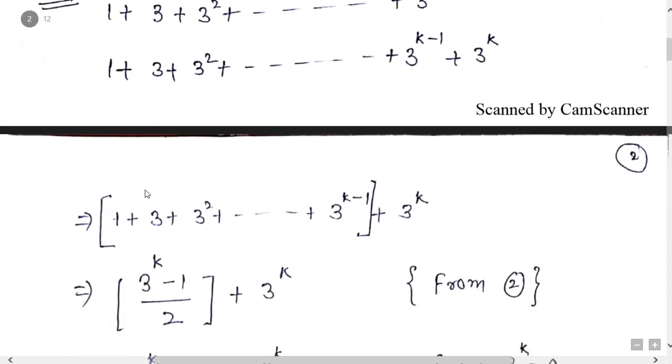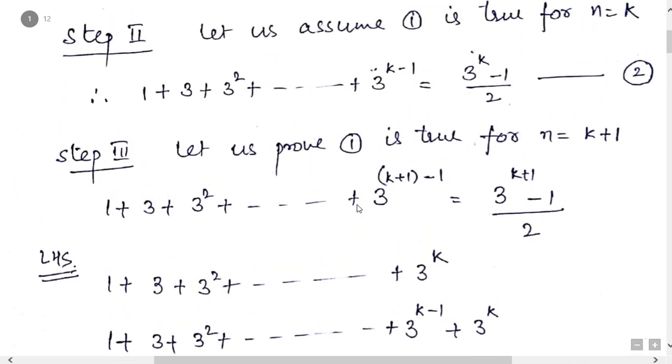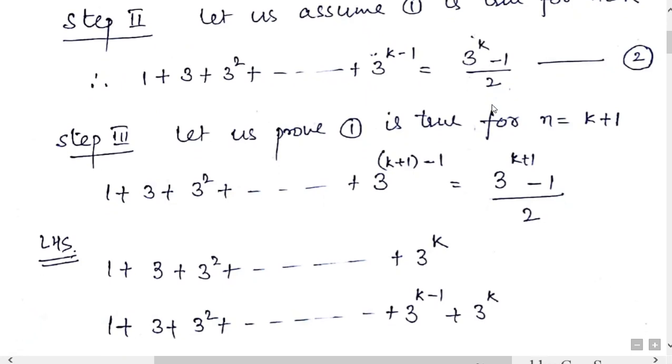Now, collect these terms 1, 3 square up to so on 3 raised to power k minus 1 and check the second statement. In the second statement, this value is equal to 3 raised to power k minus 1 divided by 2.